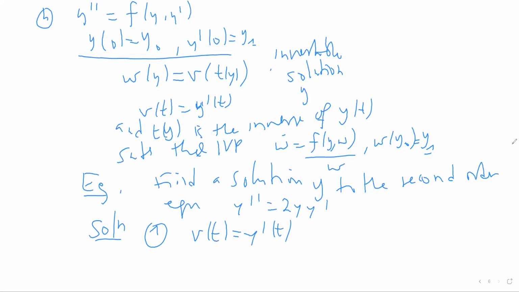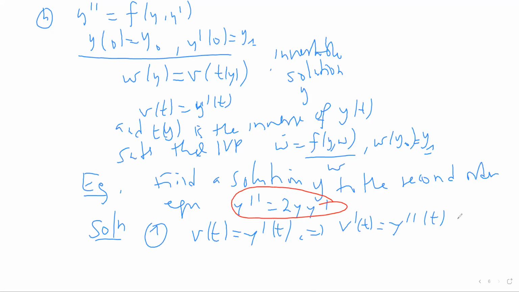Then we know y'. Okay, we can easily write it out, right? Because of course, if we have v(t) is equal to y'(t), then it implies v'(t) is nothing but y''(t). So immediately we can write this out.